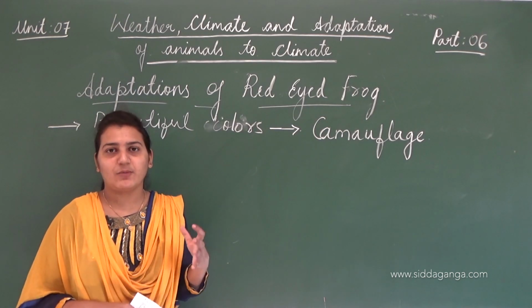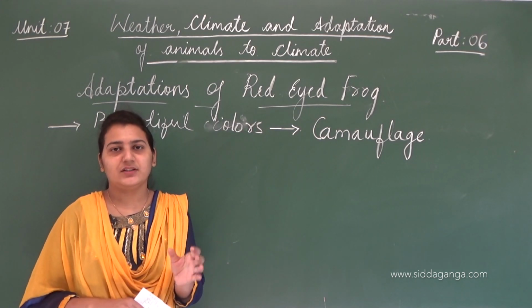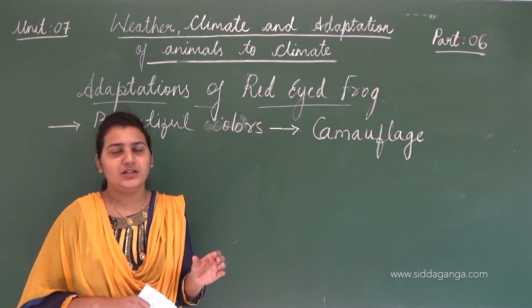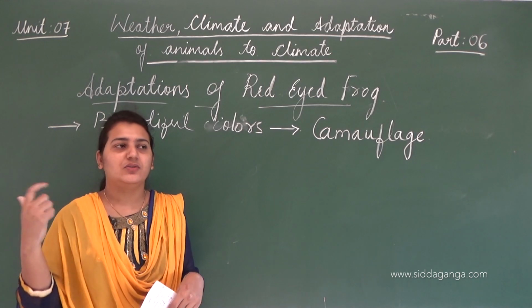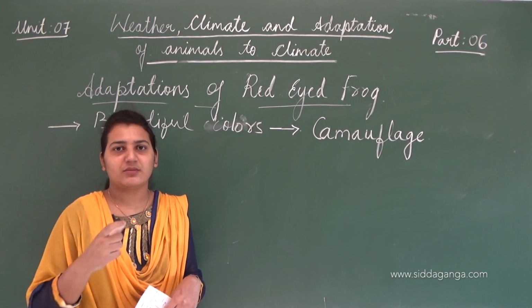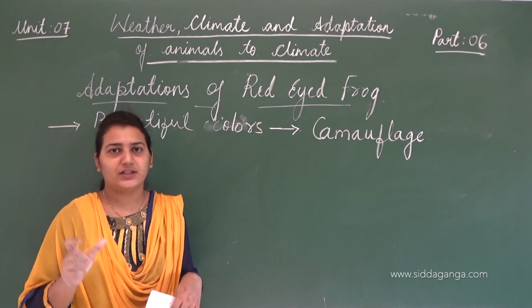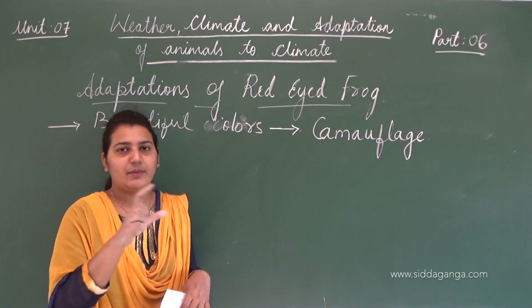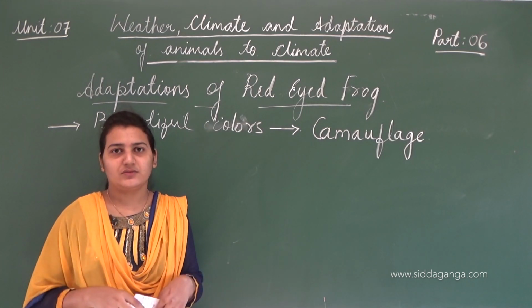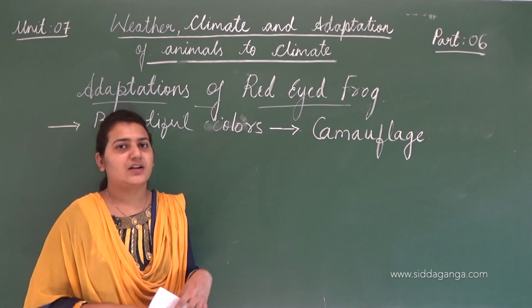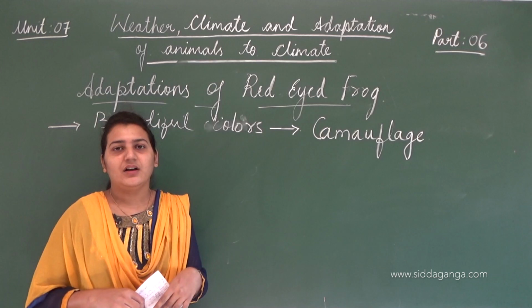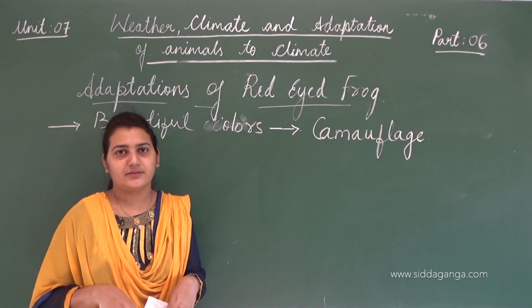In camouflage, the color of the body of the animal matches with the background, so that any predator which comes to attack or eat it cannot recognize which is the animal and which is the background or surrounding. So it cannot easily differentiate. Hence an animal which undergoes camouflage can easily get protected.